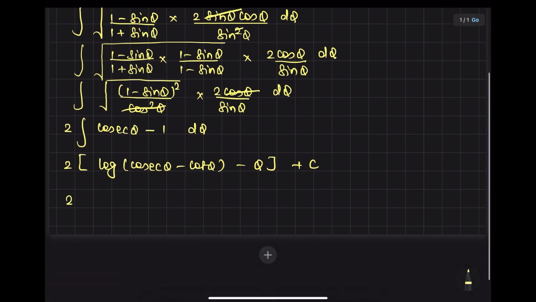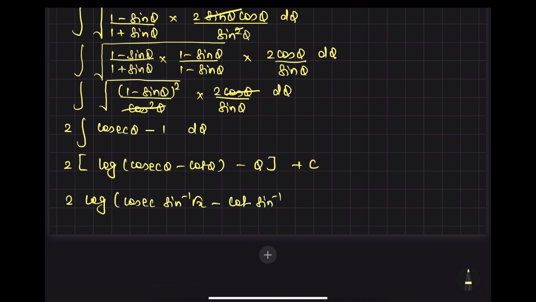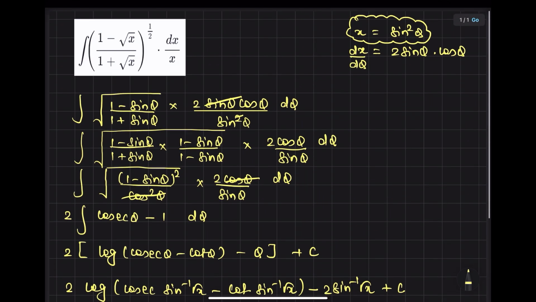So can we write this thing as log of (cosec sin inverse root x minus cot sin inverse root x), this thing will be in the bracket, and then we will be having sin inverse root x plus integration constant c. Okay, I hope the idea is clear and you can handle similar situations.